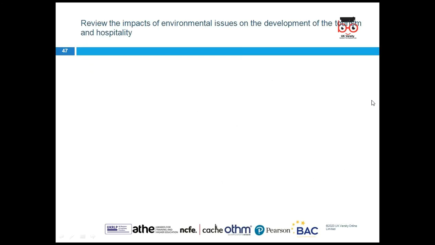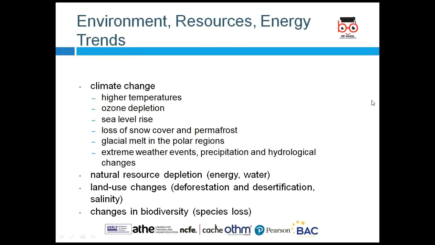Okay, next we're looking at the environmental. Last lesson we discussed sustainability and environment. Many hotels, especially in that video, which was good, show how we can educate people to cut the usage of water and energy.